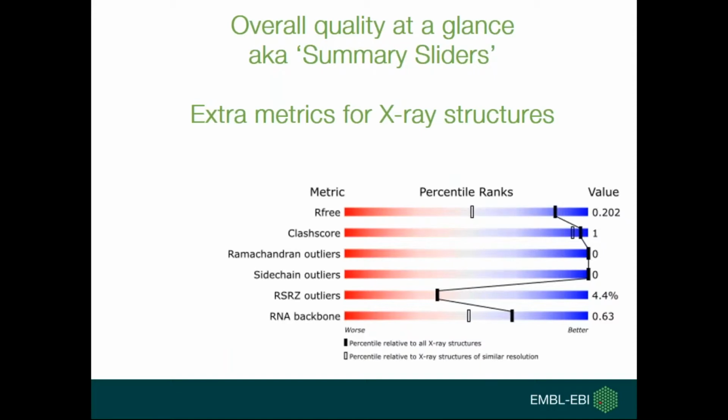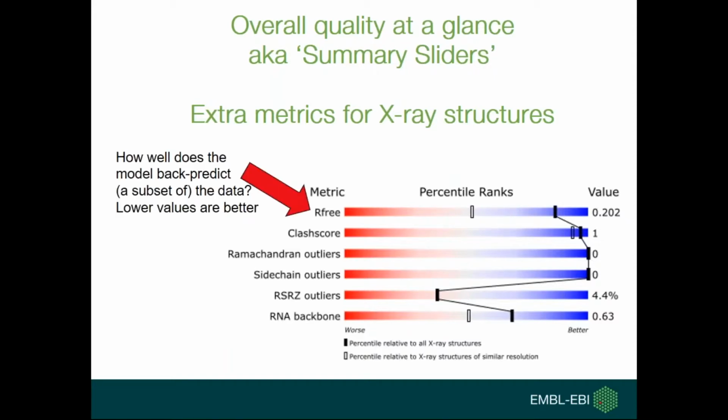For X-ray structures, there are another couple of metrics on the summary sliders. You'll see at the top and nearly at the bottom R-free and RSRZ outliers. R-free is a crystallographic measure which tells you how well the model back predicts the data.